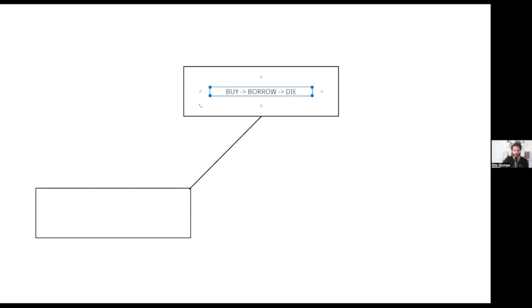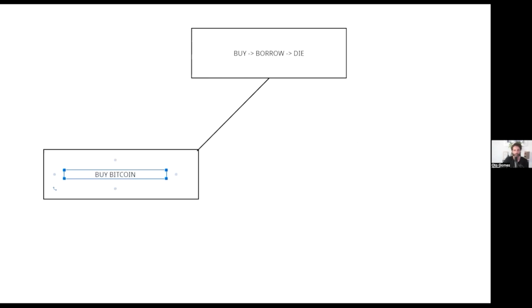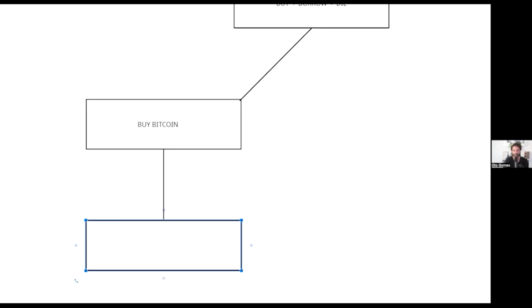In crypto, you can do that, but in levels. You can do many levels of that. So the first thing you can do is buy Bitcoin. When you buy Bitcoin, you can then take a loan against Bitcoin. This can be anywhere between 50 to, I've seen up to 80% for Bitcoin specifically.